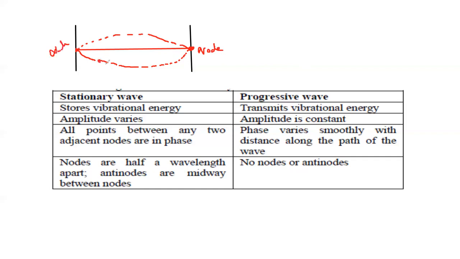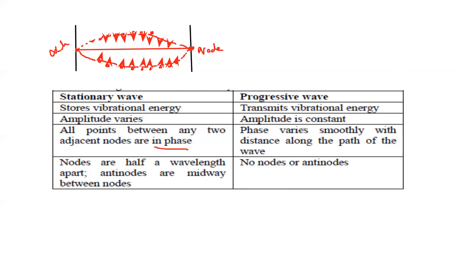If we take any particle in this part of the wave, the particles moving in this part are all in phase. What is the meaning of in phase? They all move in the same direction. If we take the particles at the top, which direction do they tend to move? They tend to move downward. All the points have the same way of vibration, so we say they all are in phase.